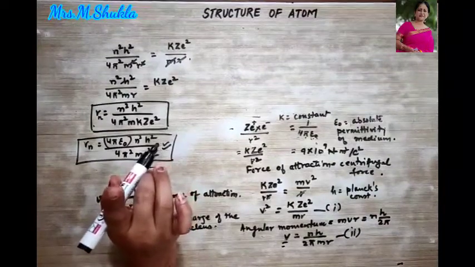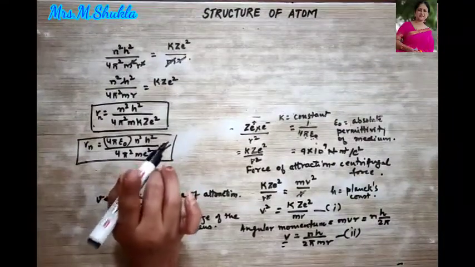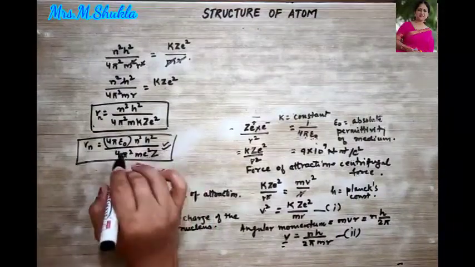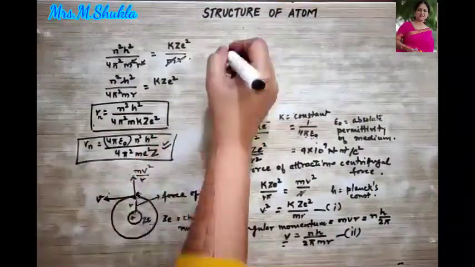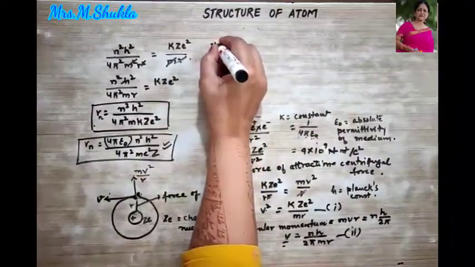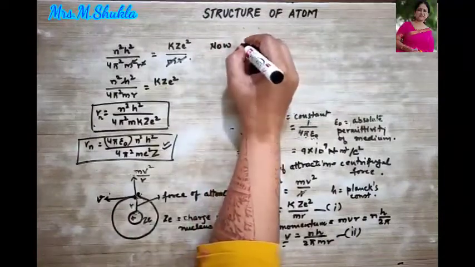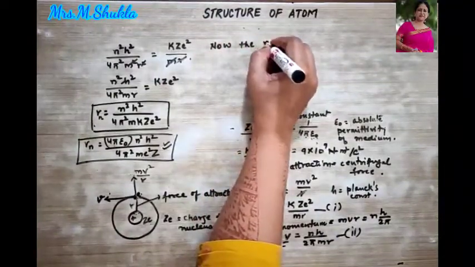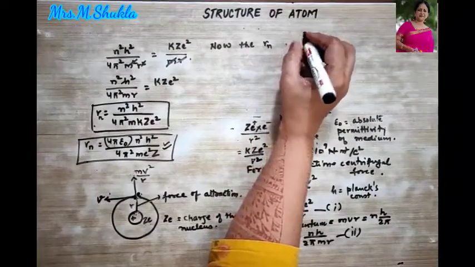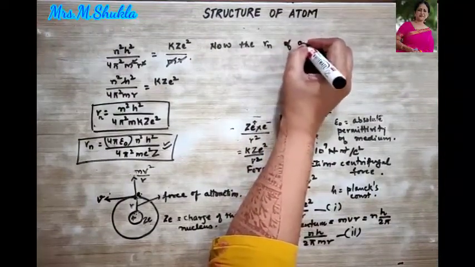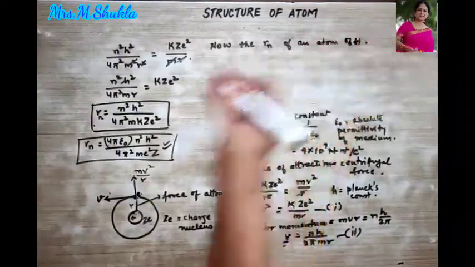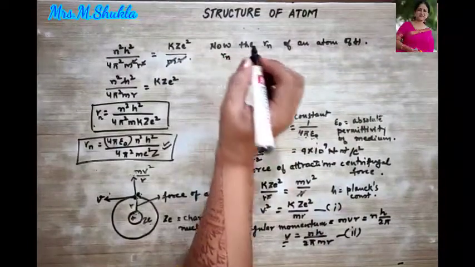What was that? That was 52.9 n square upon Z. That was the formula that I gave you. So let us put all the values now of the r. So I am placing it over here. Now the radius of an atom of hydrogen, what formula are we going to take?